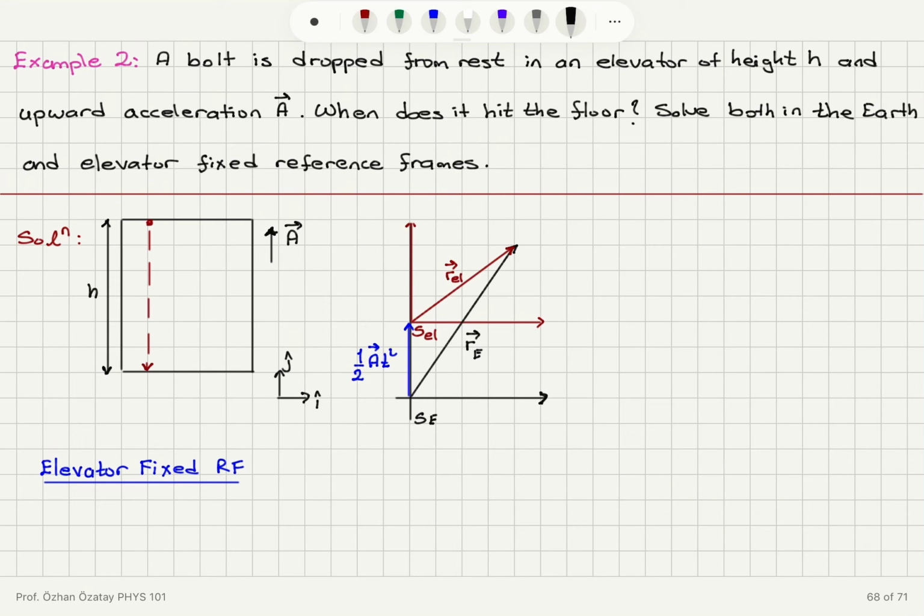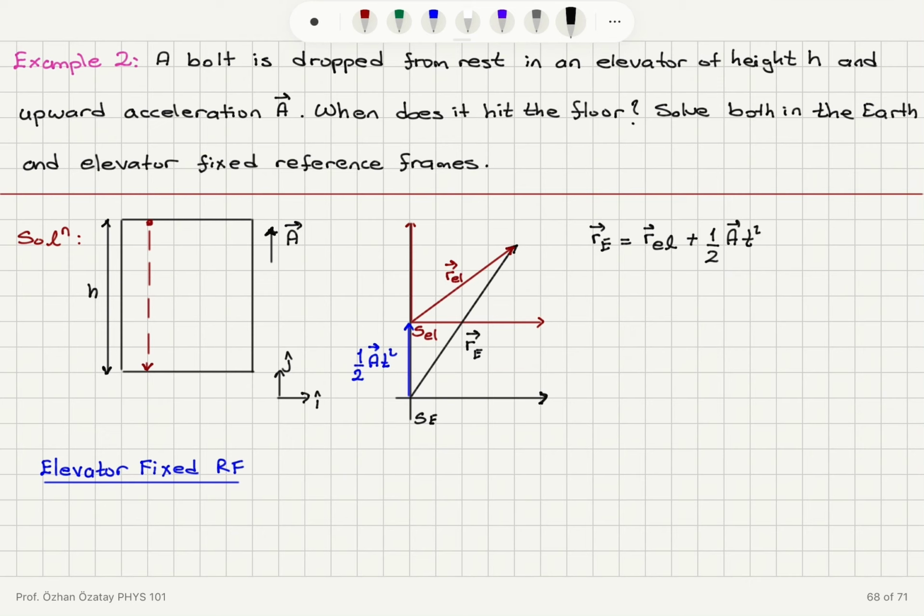So we can find the Galilean transformation equations. So the position vector reported by the Earth observer, RE, is the sum of the position vector reported by the elevator observer plus 1/2 a t squared.